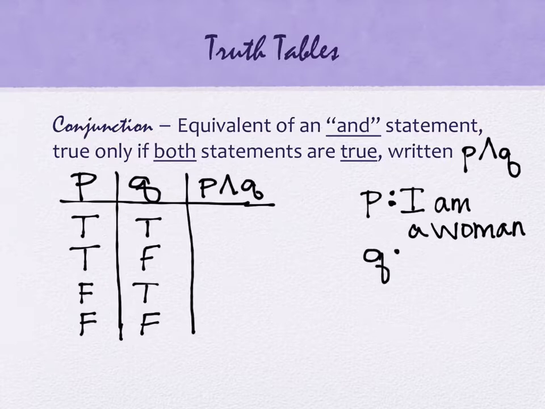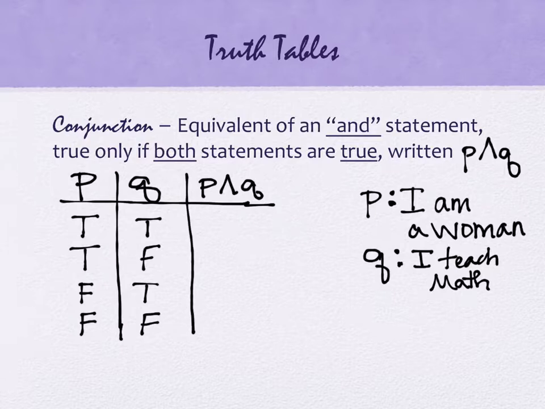And Q would be the statement, I am a mom. No, that's not what I want. I'm a professor. How about that? No, I know what I want to do. Let's go with this. I teach math. That's even better. I think that's what I normally use. I don't have these written down. I create them at whim when I get to this point. It's good stuff.